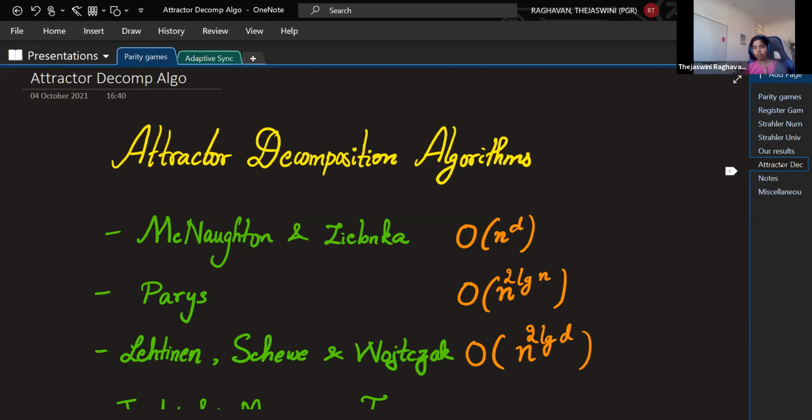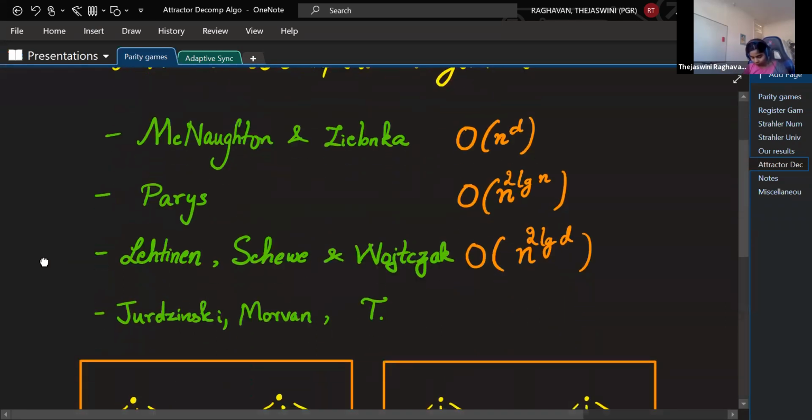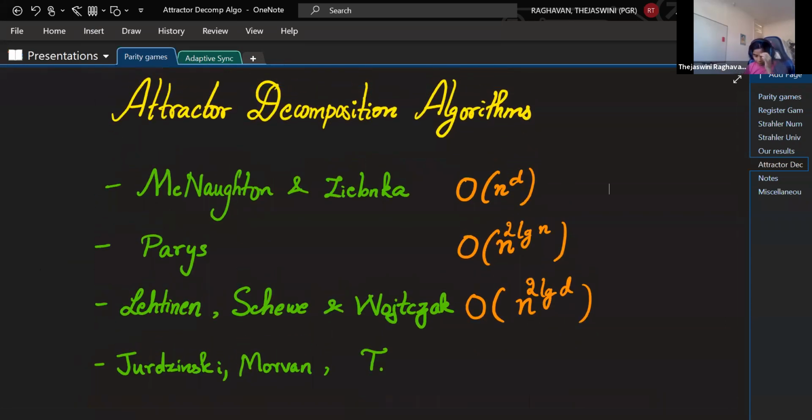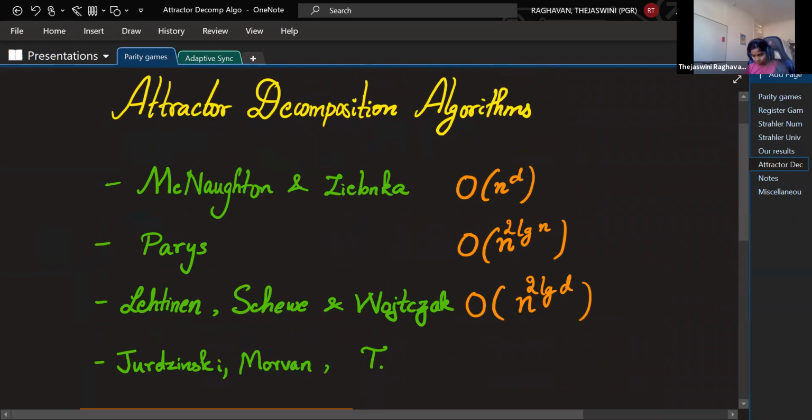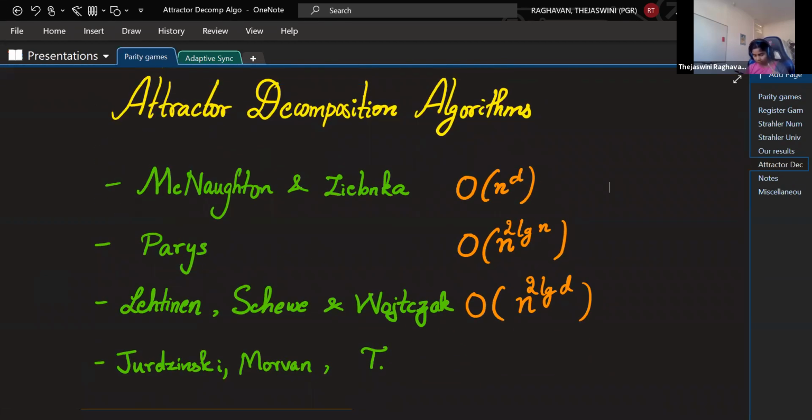And this is what I hope to talk about in my other work very quickly. One of the works is the following. You have McNaughton-Zielonka's algorithm, which I briefly mentioned before, which computes attractors recursively and runs in exponential time.